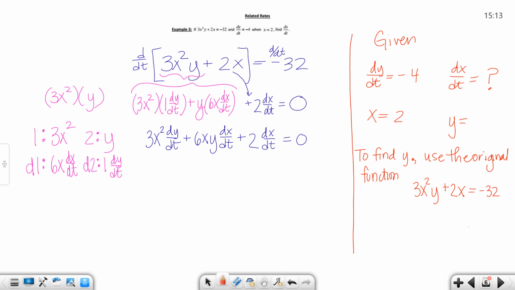I don't want to touch the derivative. I just need to know what y is. I know that x is 2. That was given to me. So if I throw in 2 for x, I get 3 times 2 squared y plus 2 times 2 equals negative 32. So that's 3 times 4.